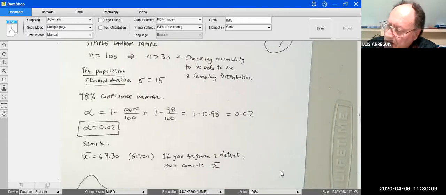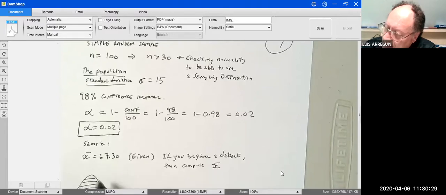So we have our sampling distribution. We're going to have here the mean. Then we're going to find the upper and the lower limits. And that's it. The only information that they are giving you is that this area is 0.98.